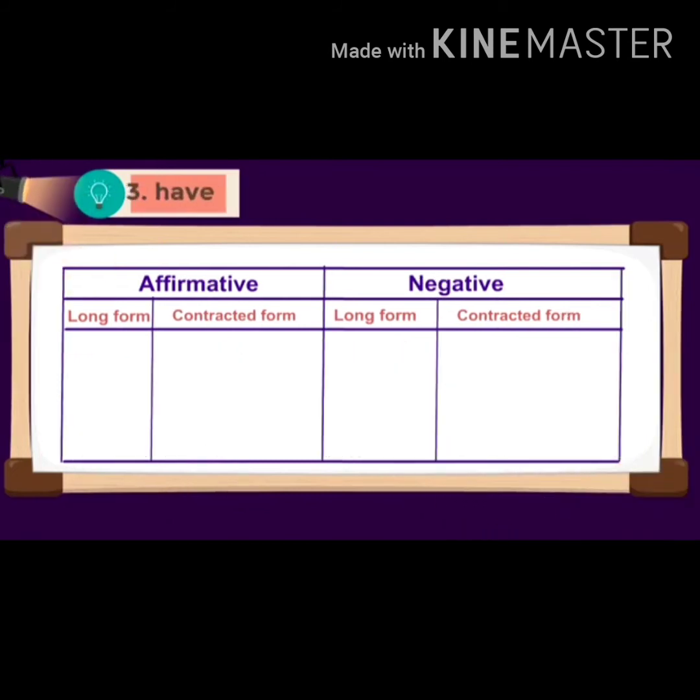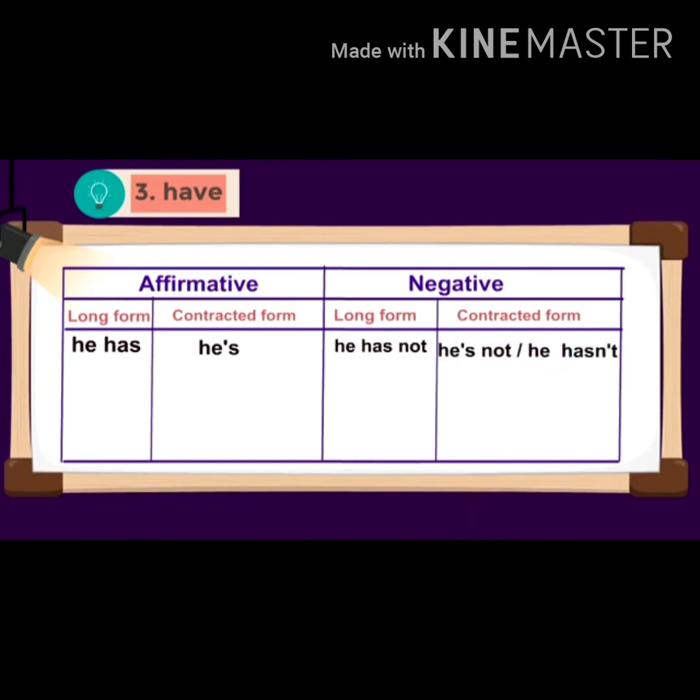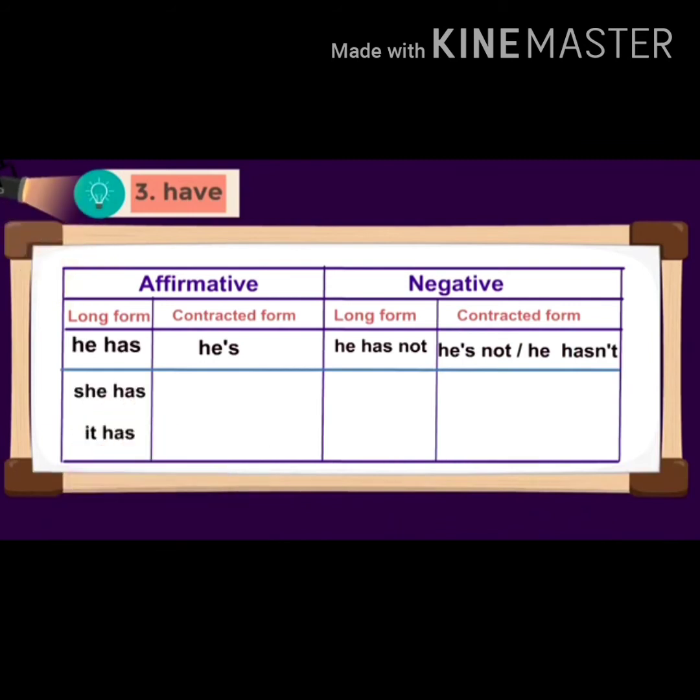If there is a third person singular pronoun, we use auxiliary has, for he, she and it. Let's take an example with he. He has, he's, he has not, he's not, or he hasn't. In the same method we can write shortened forms of she and it.